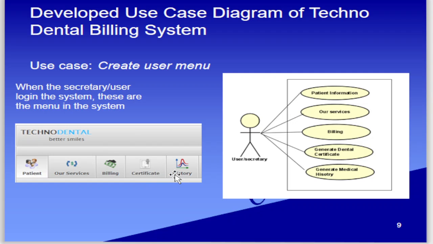So the last two are just added features. Based on that, the secretary will have the patient information as part of the use case, then our services, the billing transaction, and then generate a dental certificate and generate a medical history when necessary or needed.